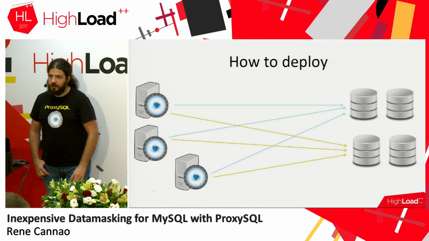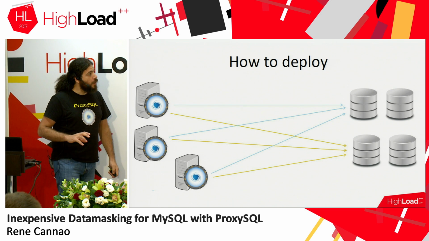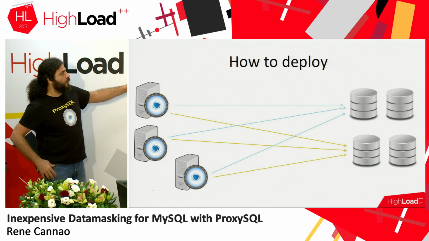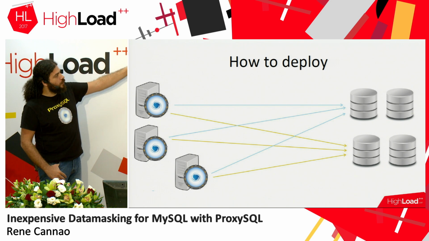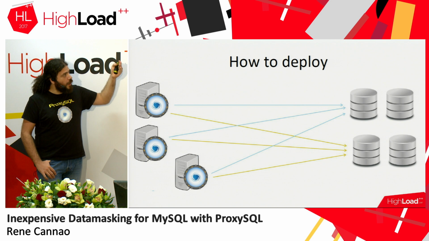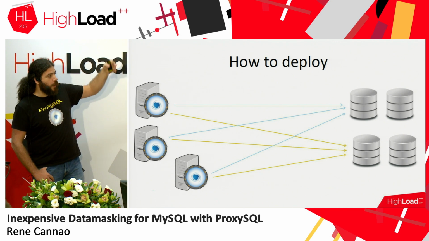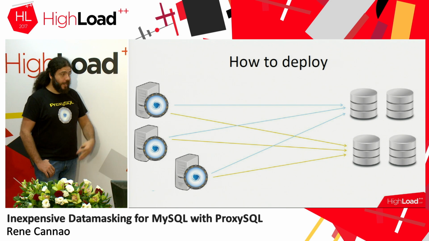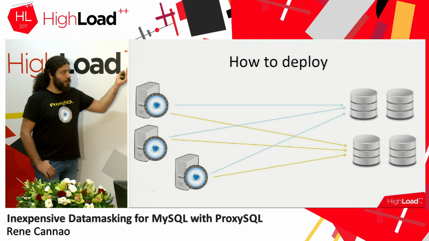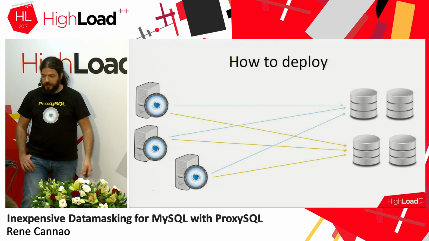How to deploy it? I put here two slides just to have a picture of how things should be deployed. There are two common setups. You have the proxy installed on the same application server, so the application will always communicate with the proxy locally, and then the proxy is responsible for finding where the request has to be sent, if it has to be sent at all, because it might be possible that the request is cached, or it might be blocked or rewritten, and so on.